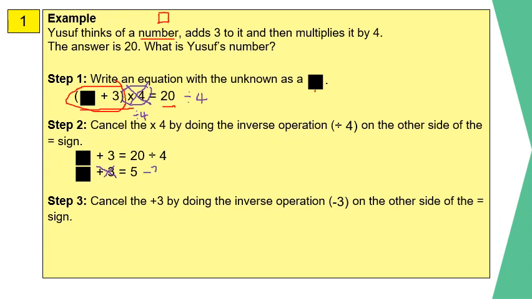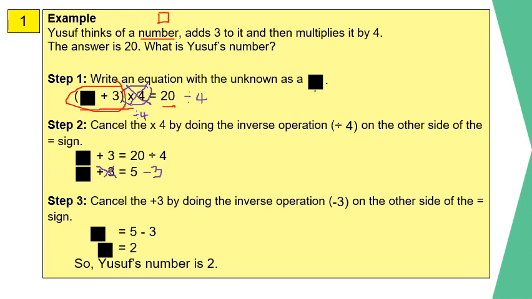So take away 3. Now my equation is square equals 5 minus 3. And we know that 5 minus 3 is 2. So the black square is equal to 2. So Yusuf's number is 2.